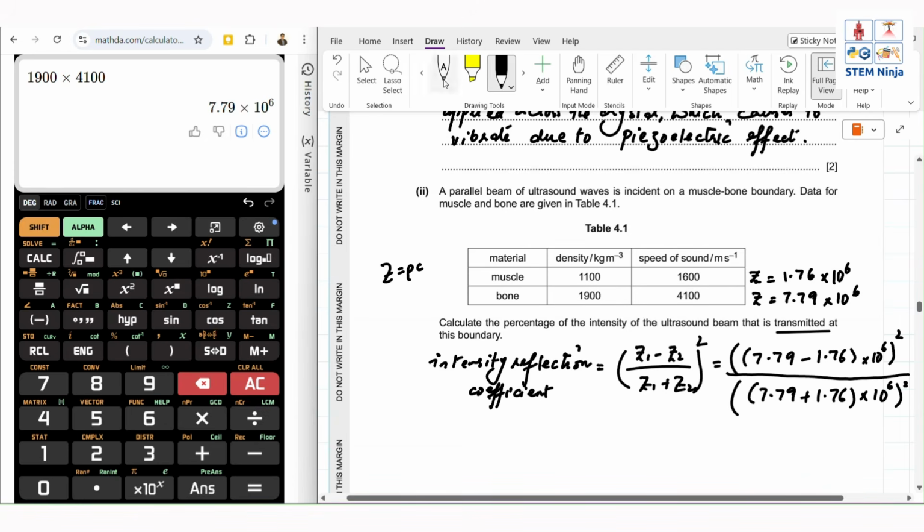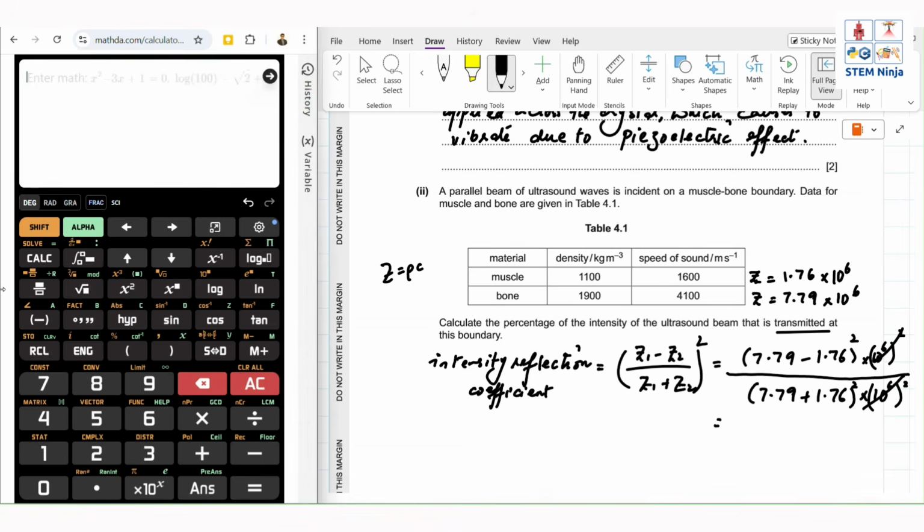Now if you notice how the indices work, the square distributes onto the 10^6 as well, in both numerator and denominator, so the powers of 10 cancel out and we're left with just this.